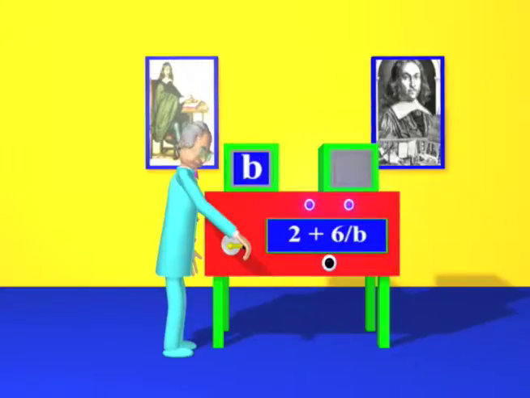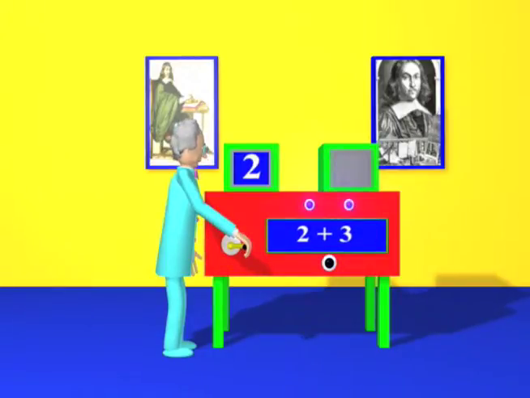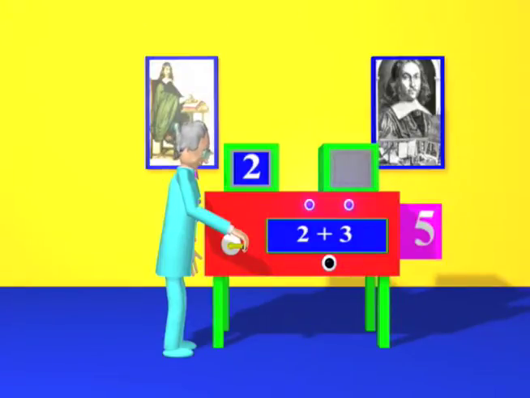Okay, reset again. Now we get 2 plus 6 over b. Put 2 in for b. So 6 divided by 2 is 3. And then we want to add that to 2. So we get 2 plus 3. Another easy problem. And let's see if the answer is 5. Yes, it is. Good. Let's continue on.